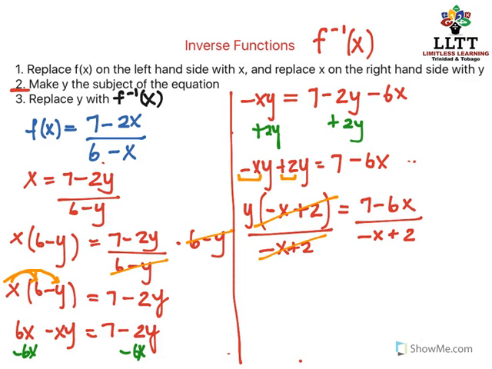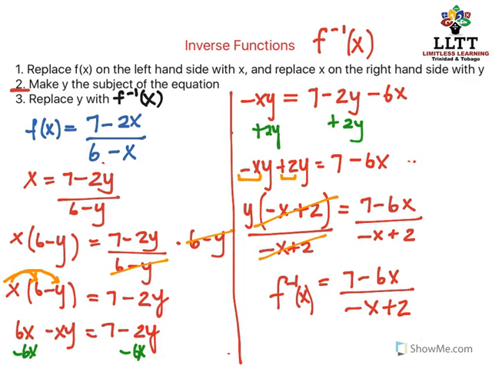Okay, so that top numerator is going to cancel with the denominator, giving me y is equal to (7 minus 6x) divided by (negative x plus 2). So I have essentially made y the subject of my equation, and the last step that I have to do is replace y with f inverse of x.